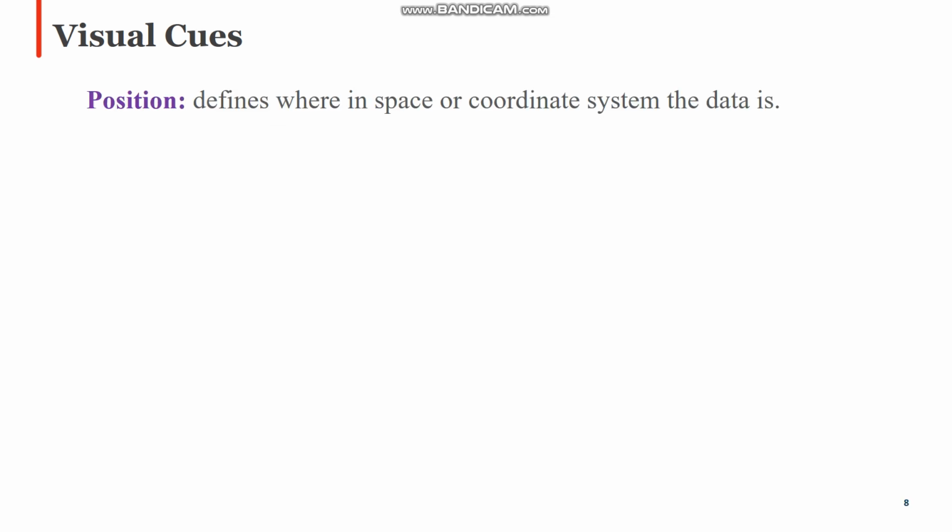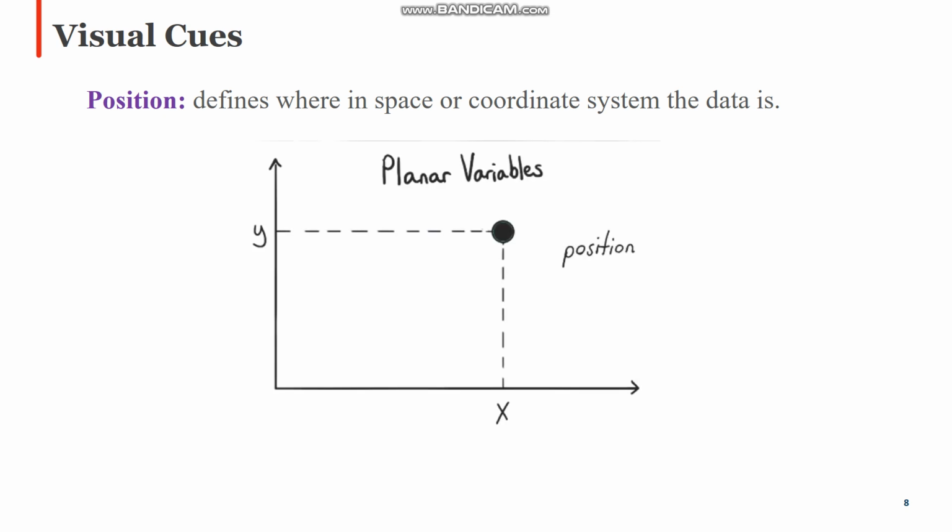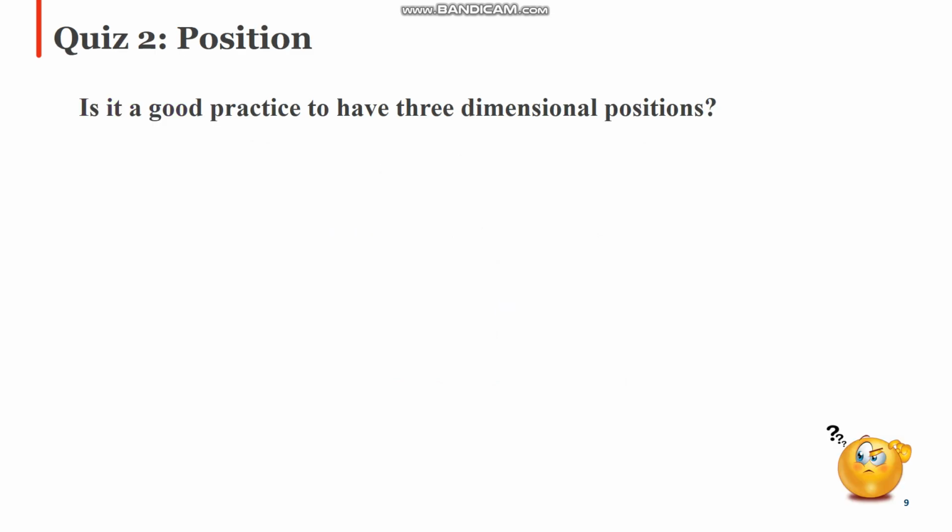So position defines where in space or coordinate system the data is. For example, in this x and y coordinate system, we can easily display two data variables, the x and y. Can we have three data variables in the coordinate system?